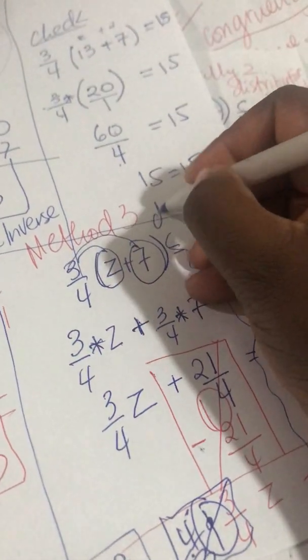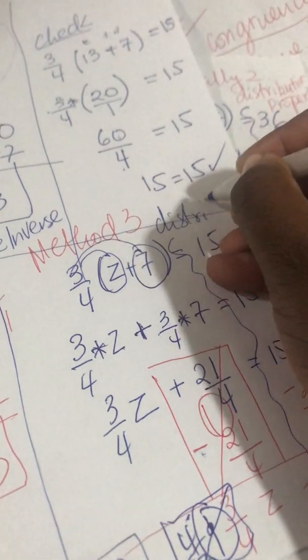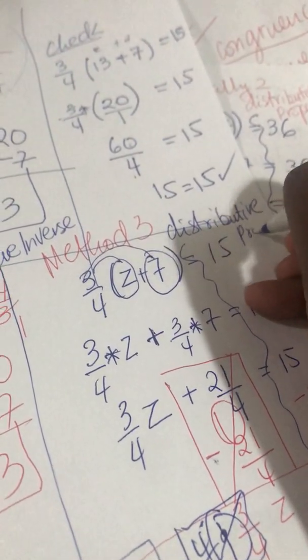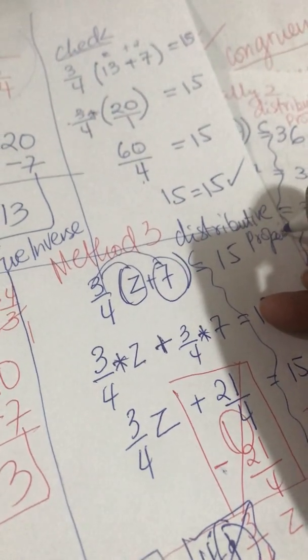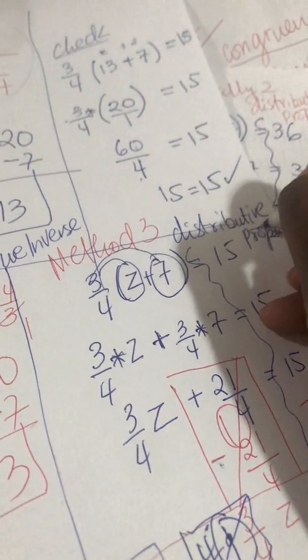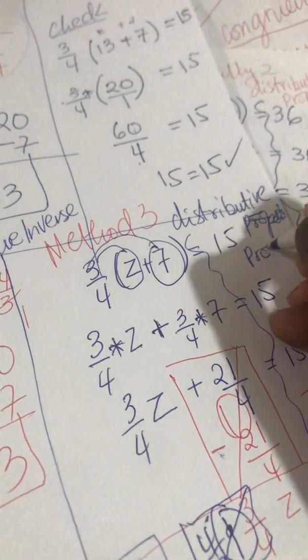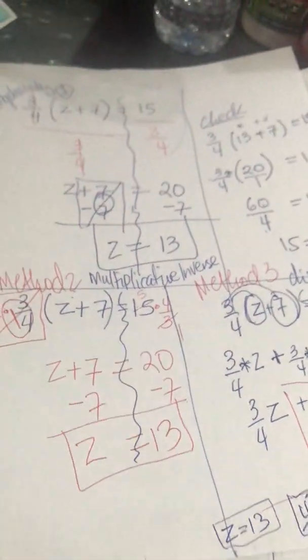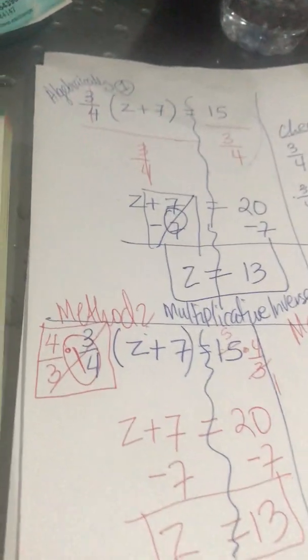Method 3 is distributive property. Okay? Alright.